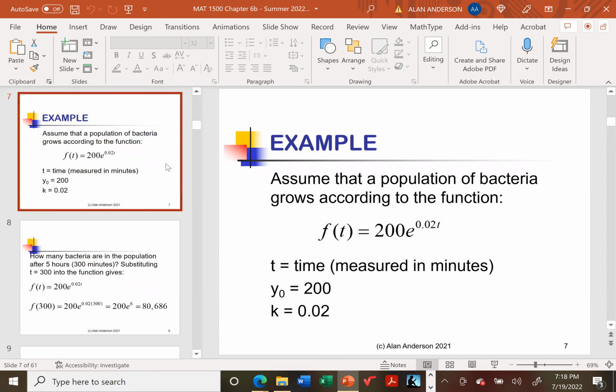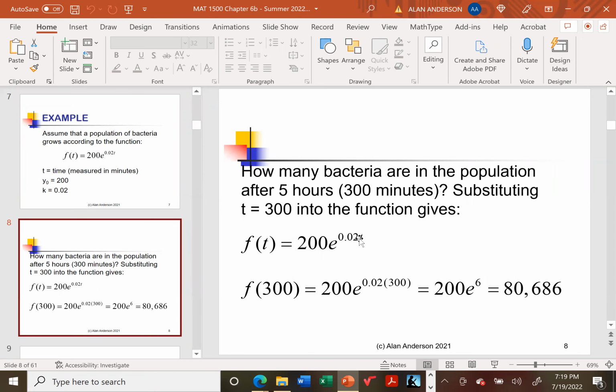So let's assume that T is measured in minutes rather than hours. So that means for 5 hours, we actually have 300 minutes. We'll plug in 300 for T, and you can solve directly for this. And you can see that after 300 minutes, the colony would have 80,686 bacteria in it.